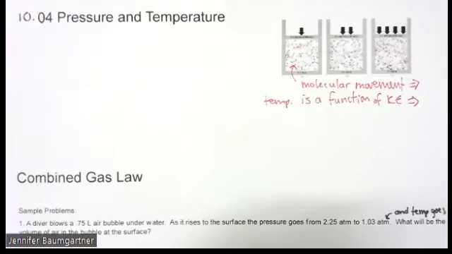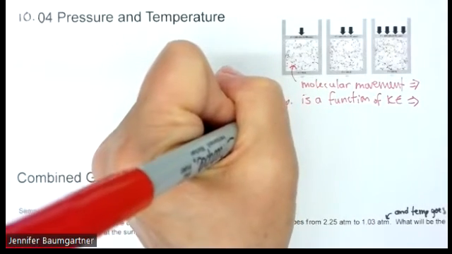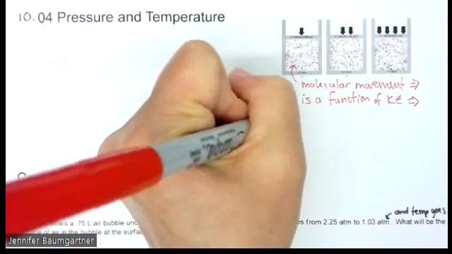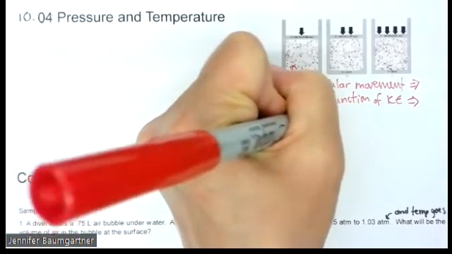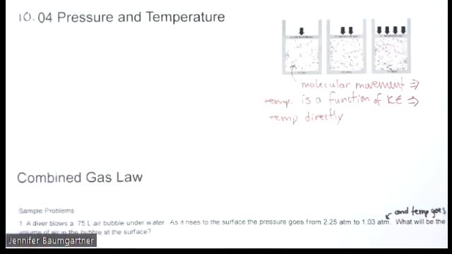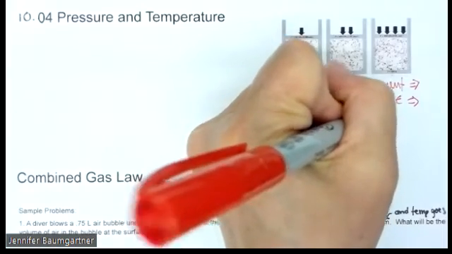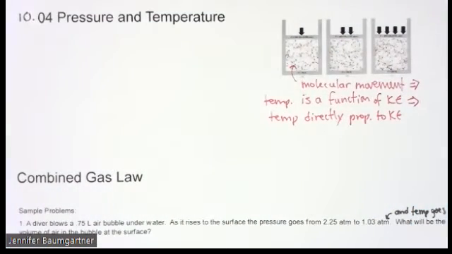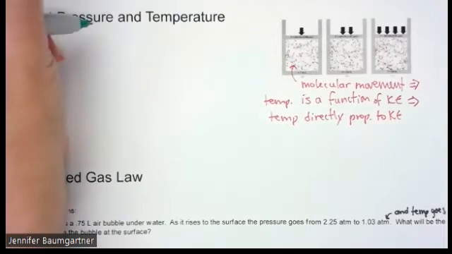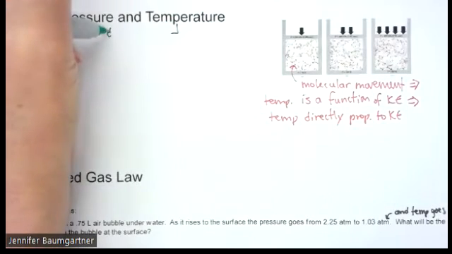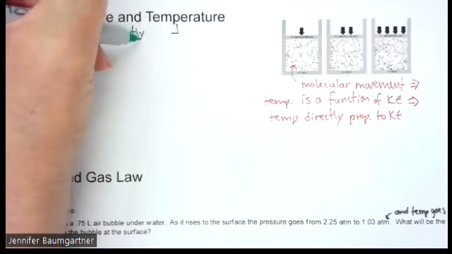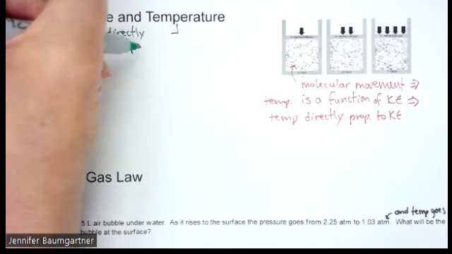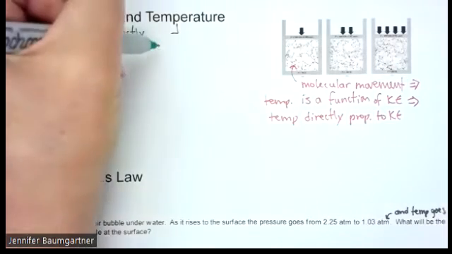Well, if I have more energy, I have more temperature. So these are directly proportional. So that means temp is directly proportional to kinetic energy. What this tells me is as pressure goes up, temperature goes up. So we can say that these two are directly proportional.